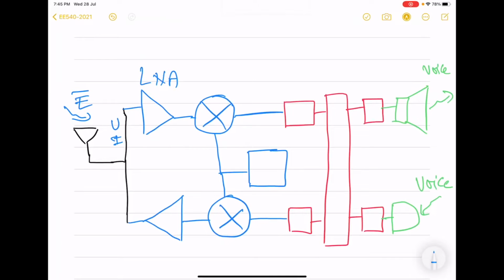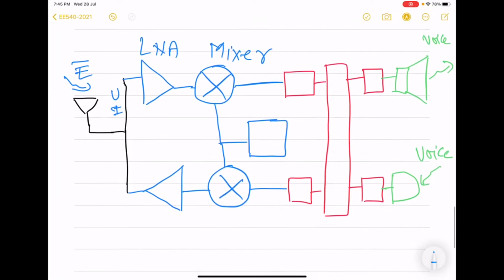Then this is processed by a block called mixer. In the transmitter path, the signal is again fed to a mixer and then to another amplifier called power amplifier, and then finally to antenna.